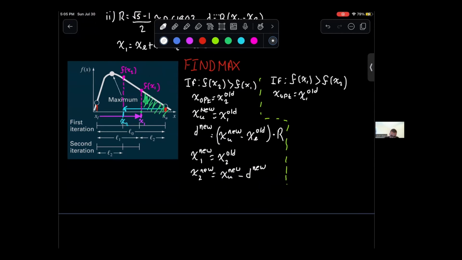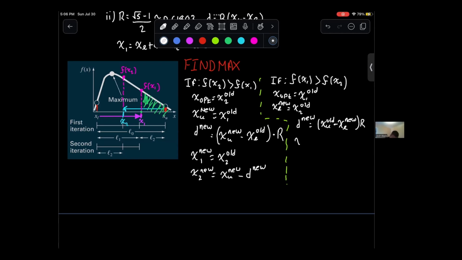I can then delete my entire x lower half because my x2 is my new x lower since it's closer to the optimum. So x lower new is equal to x2 old. I can make my new d. That's going to be equal to x upper old minus x lower new, times r.